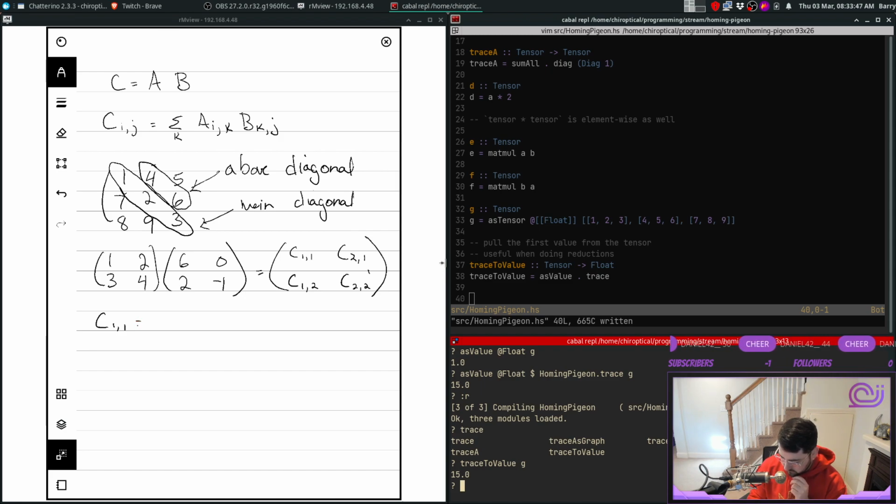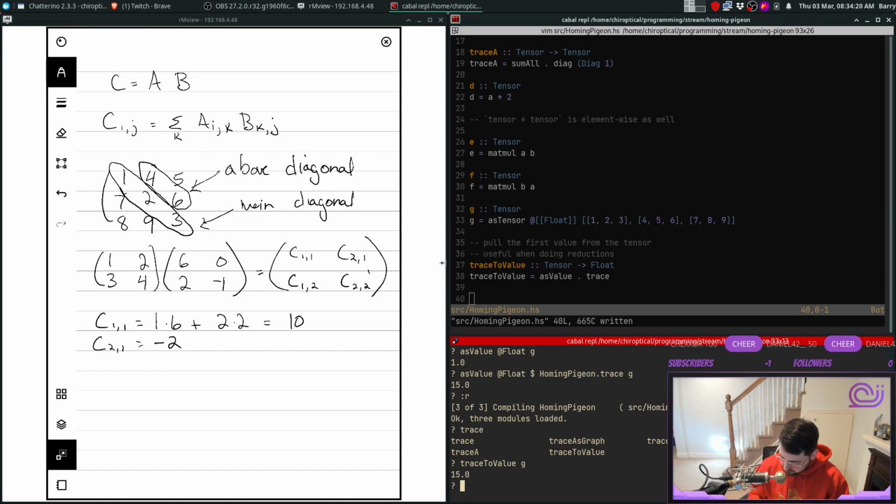It's hard for me to draw this. Basically it's 1 times 6 plus 2 times 2. So that's 10, right? And then C2,1 is this row multiplied by that column. So 1 times 0, and then 2 times -1. So that's just -2.